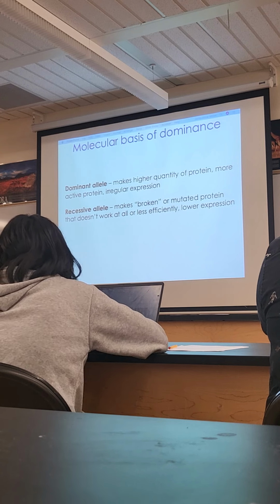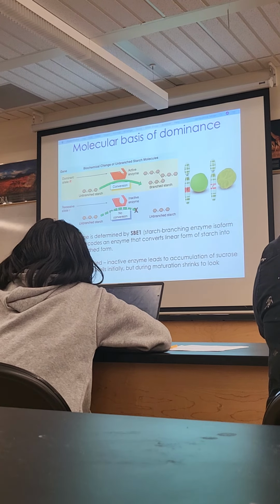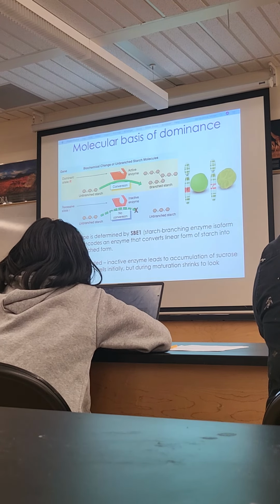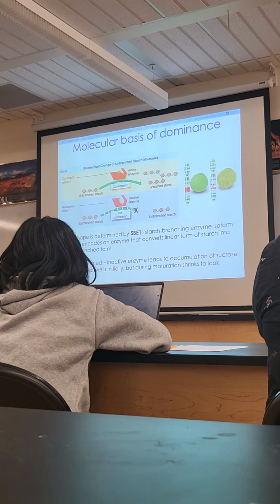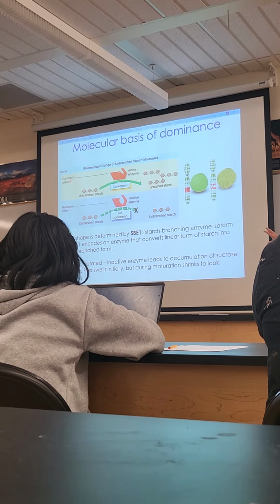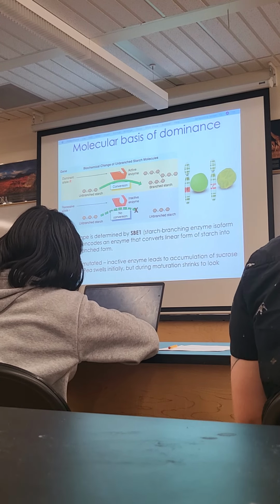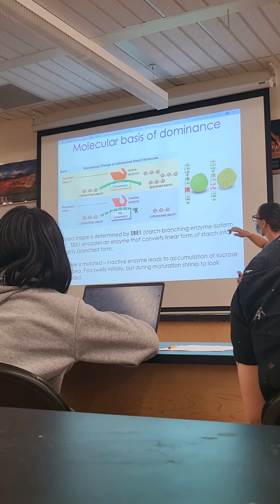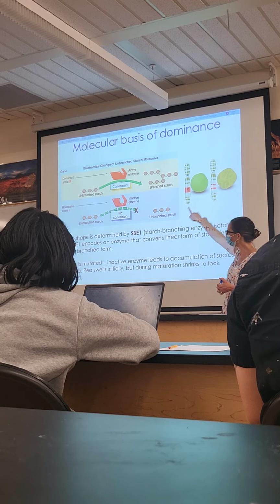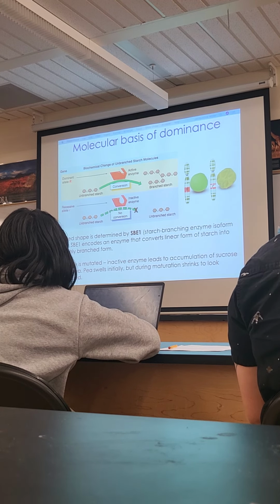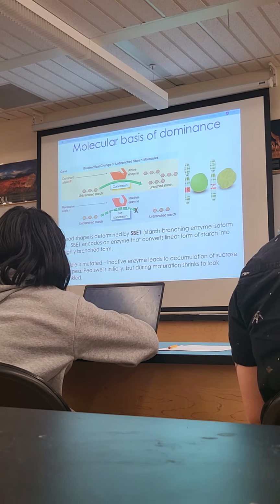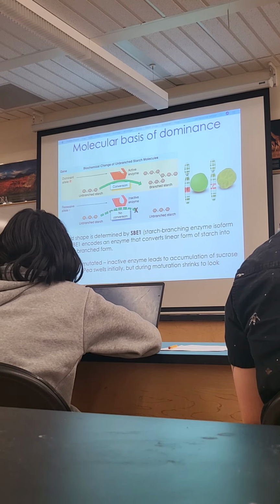For the round versus wrinkled, here's the molecular explanation for this trait. Obviously, Mendel didn't do molecular genetics. He didn't really have this understanding when he characterized this. But the R gene encodes an enzyme called starch branching enzyme, isoform 1, so SBE1.